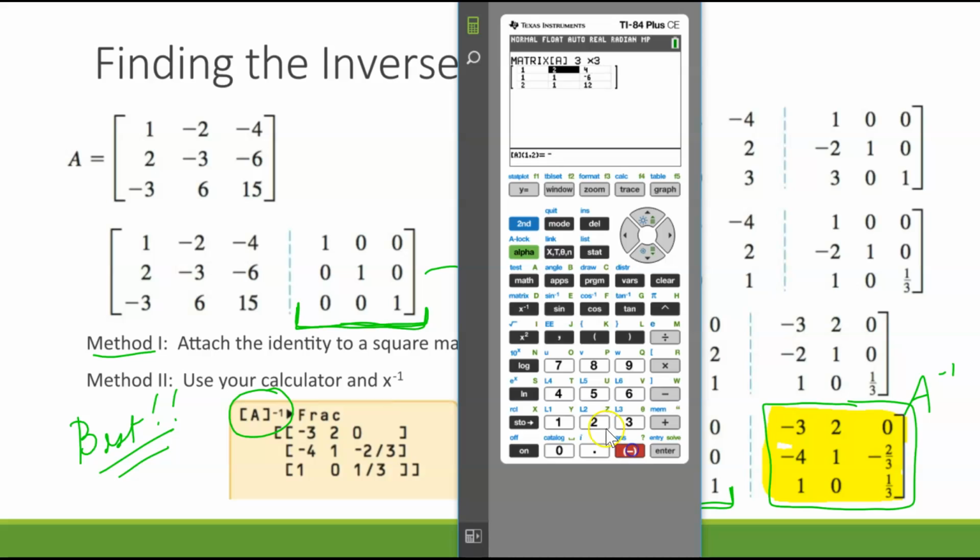Okay, so we're going to plug in our matrix: 1, negative 2, negative 4, 2, negative 3, negative 6, negative 3, 6, and 15.